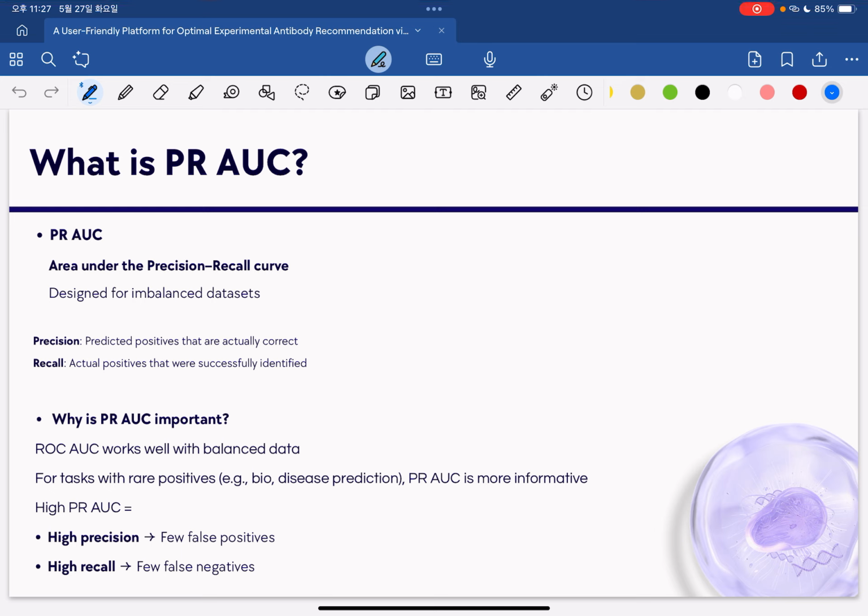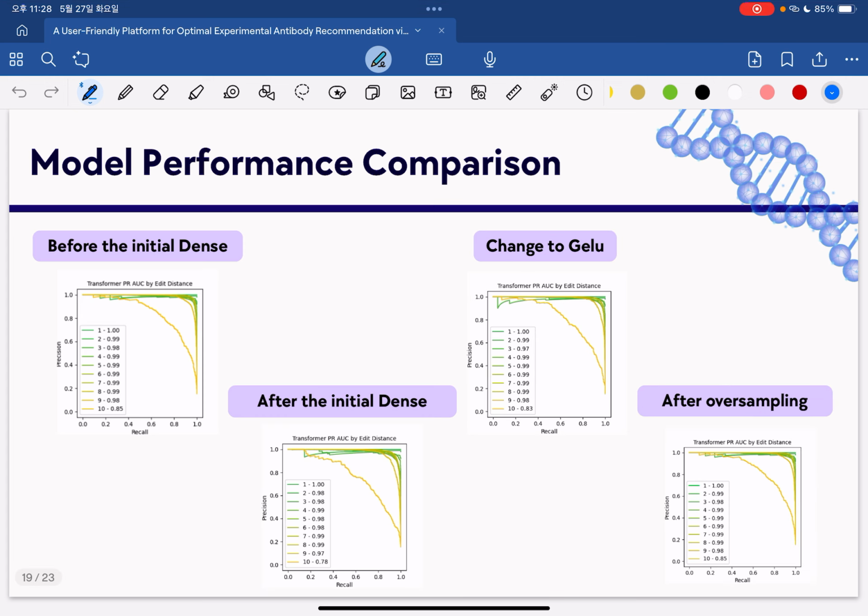A high PR AUC indicates that the model can make great predictions without missing relevant positive cases. At distance 1 to 9, PR AUC ranged from 0.98 to 1, indicating near-perfect performance. At distance 10, PR AUC was 0.85 compared to 0.88 reported in the original paper.